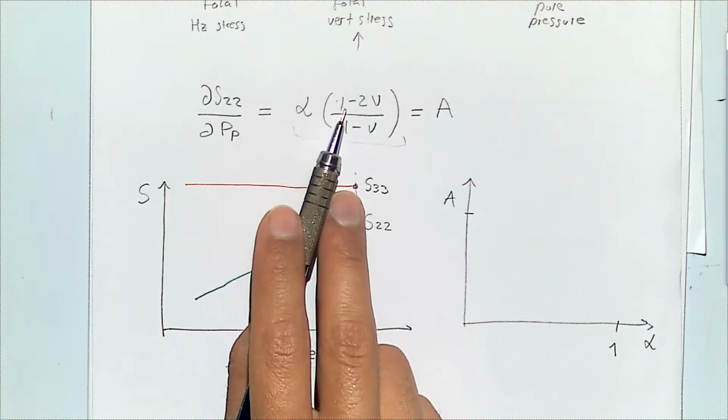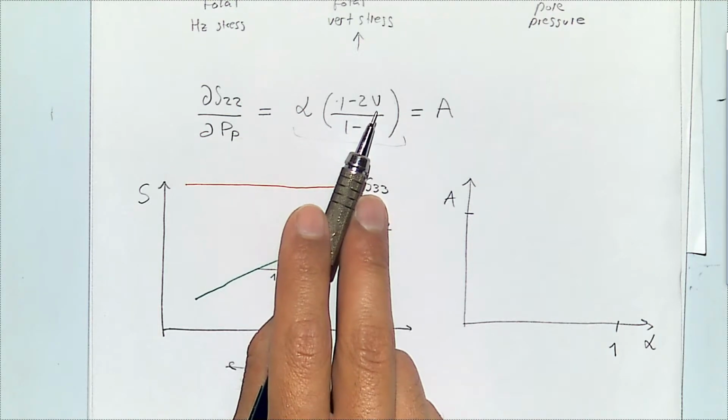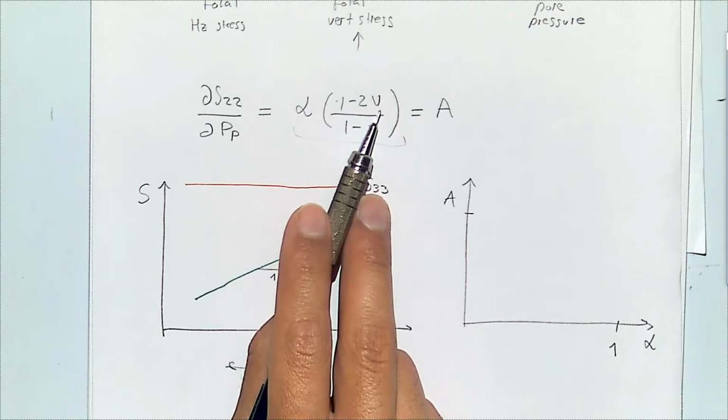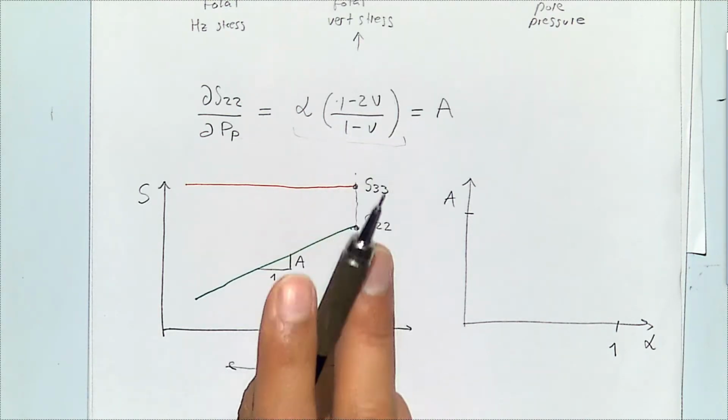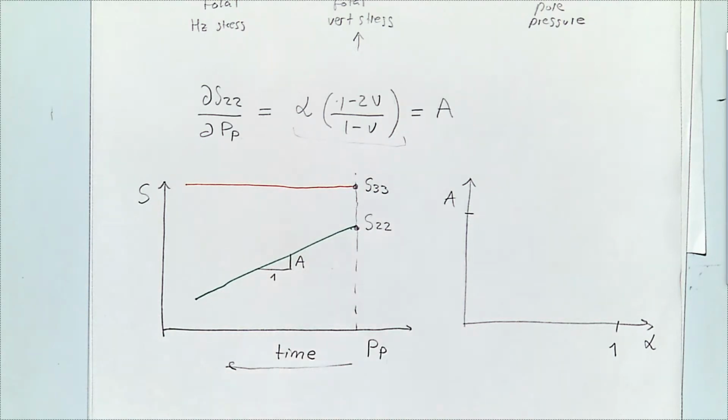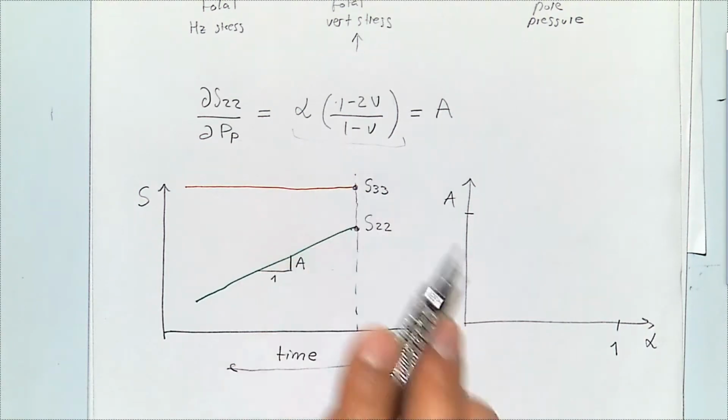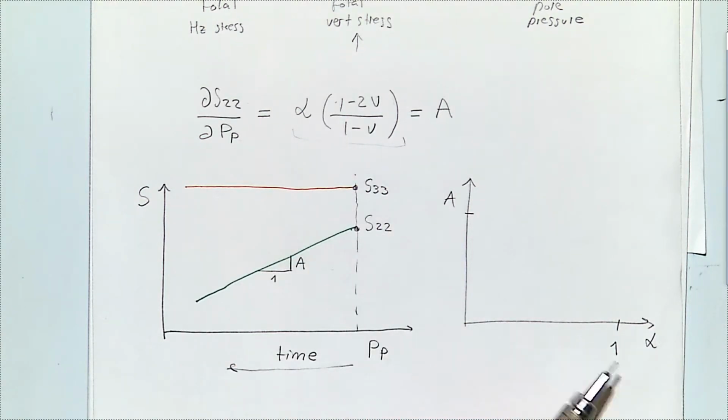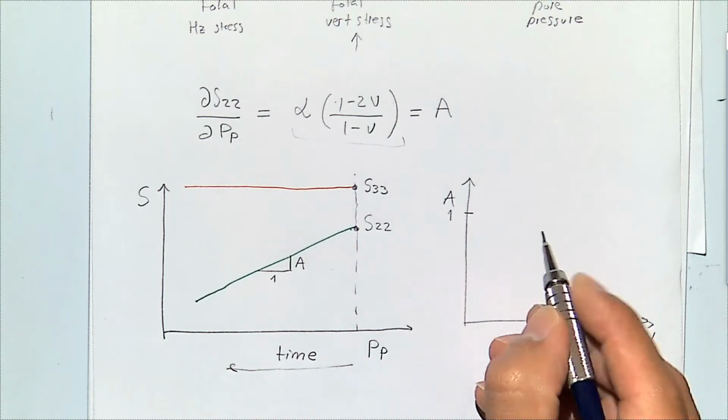Then this is going to be 0, right? So alpha is going to be 0. Okay, now let me disregard that. I wanted to say Poisson ratio equal to 0. Poisson ratio is equal to 0, and alpha is equal to 1, then coefficient A should be equal to 1.